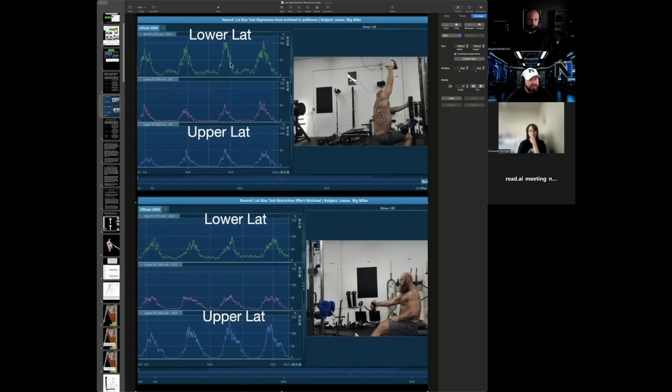You can see the ratio: upper lat is at the bottom, lower lat is at the top in green, and you can look at the ratio change between those two conditions. To me, that's pretty substantial. In the depression, the upper lat is hovering around 50%, all right, in the retraction we're getting over 100% on some of these.